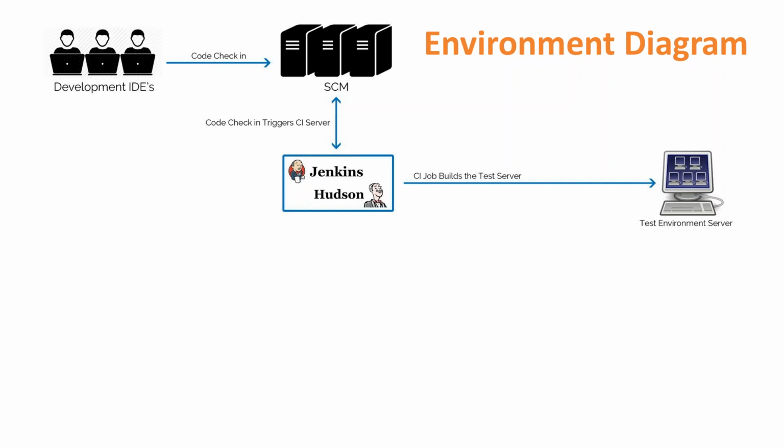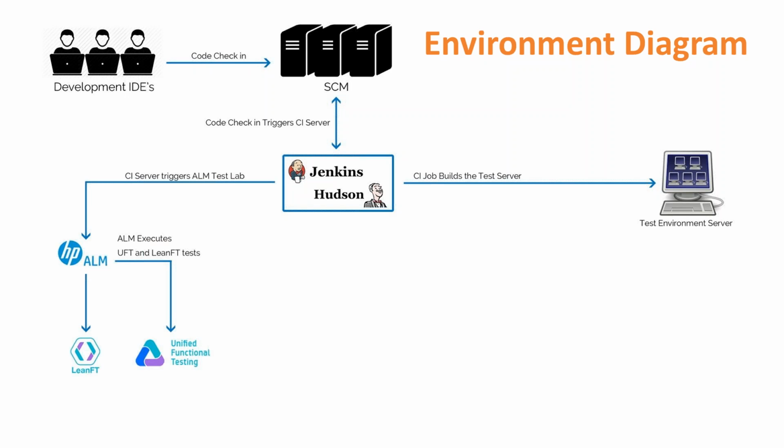Here we're focusing on the test server, and once that build is complete, you could have inside of Jenkins or Hudson that connection into ALM that says, hey, I want to run these test sets, so please kick this off for me. So that CI server is going to trigger ALM in the test lab, or the lab management module or lab management project, basically to look at what tests we have in here, whether they're LeanFT or UFT tests.